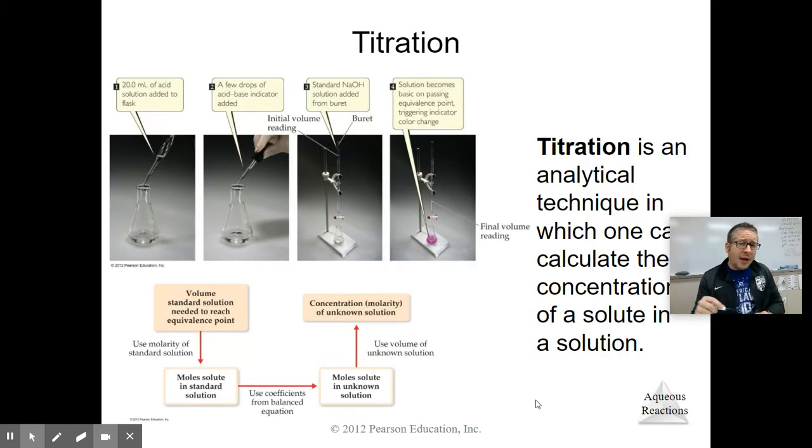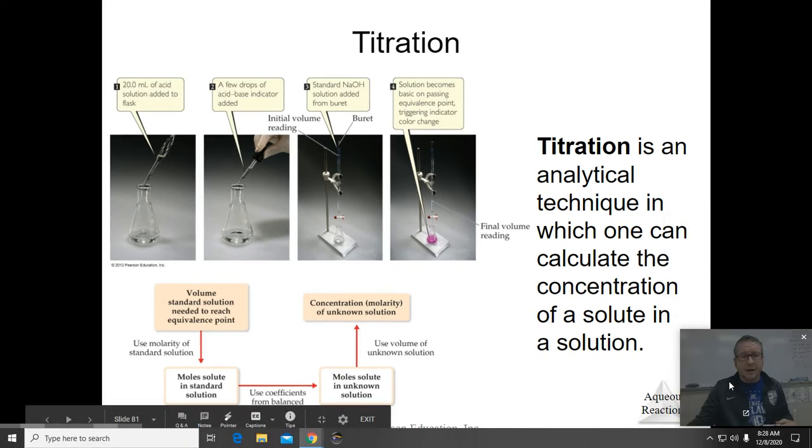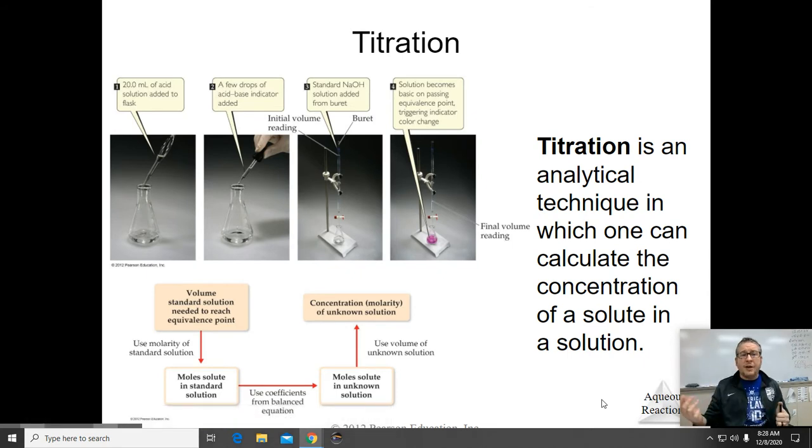We don't typically do titration in here. It's usually an AP Chem practice because it is a very analytical technique. I'm going to move my guy down here. And it's a technique that you can use to help calculate the concentration of a solute in a solution.